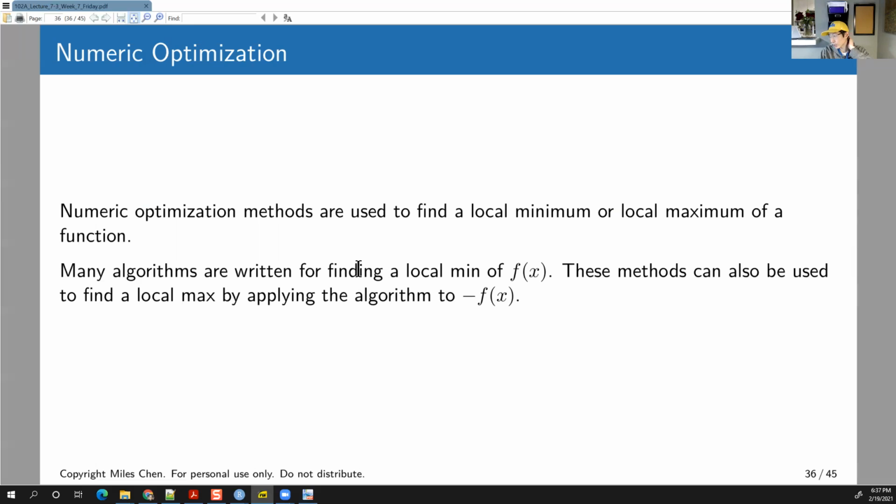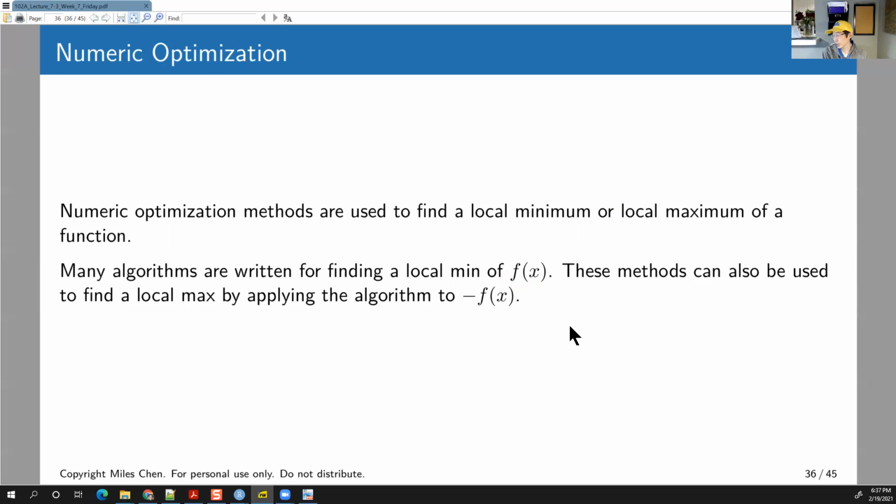A lot of algorithms are used to find a local minimum of some function f. If you need to find a local maximum, all you have to do is apply the minimization algorithm on negative f of x. If you find the minimum of negative f of x, that's going to equal the maximum of f of x. It's the same location for the max of f of x.